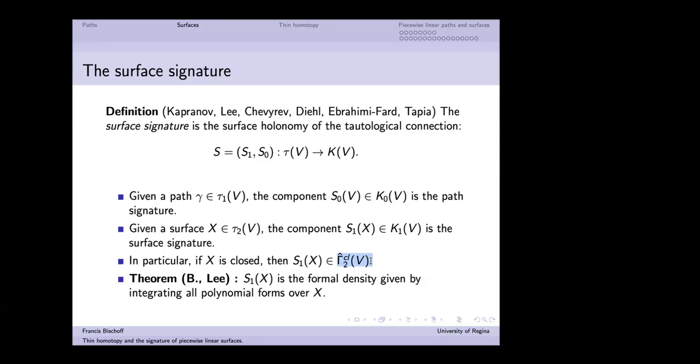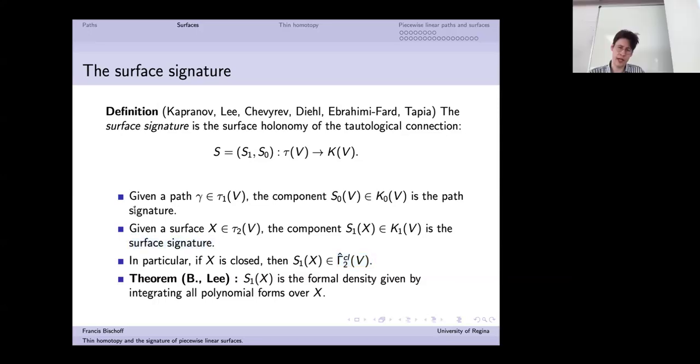Sorry, just a confusion about the terminology. You're saying this is a definition of the surface signature, and then in the second line after this, given a surface, the first component of this definition you're also calling the surface signature. Well, yeah, I'm saying that this map, which I'm calling the surface signature, really has a component for paths and a component for surfaces. That's all I'm saying.